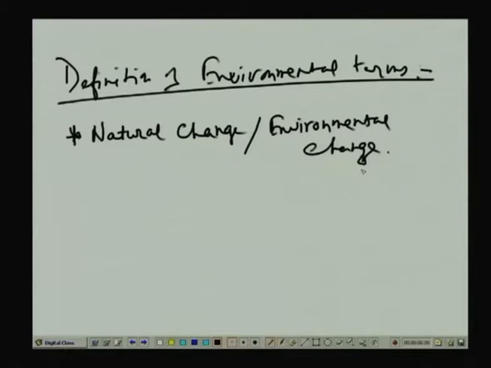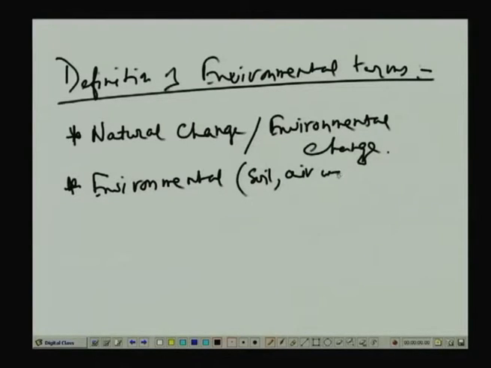Natural change or environmental change. Under environmental, we will generally explain soil, air and water. Degradation is another important term.